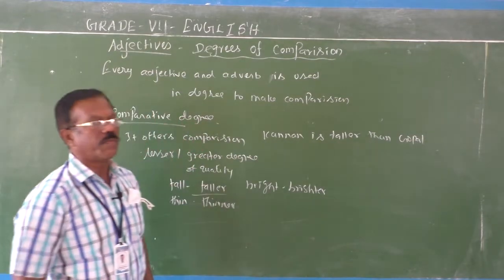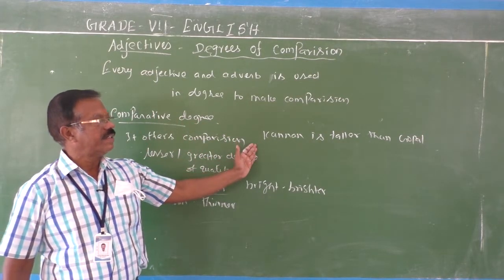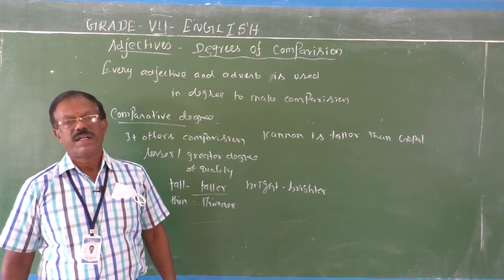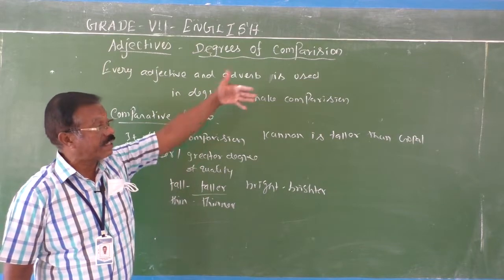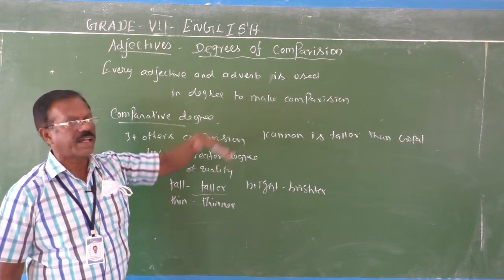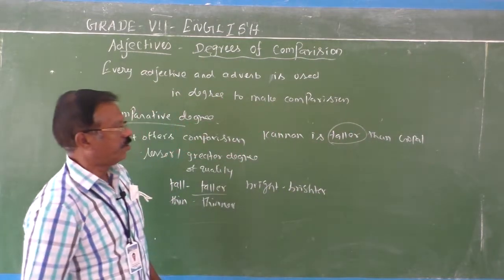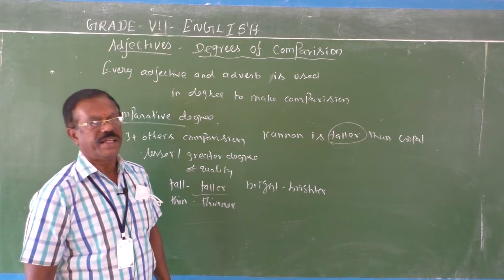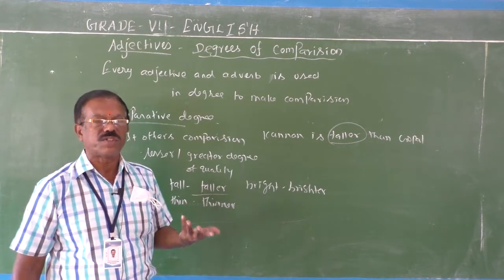Kannan is taller than Gopal. Here we compare the height of Kannan with the height of Gopal, and you are going to say the height of Kannan is higher than the height of Gopal. See, taller is a comparative form of adjective. It is in comparative degree. How do you get it? By adding er to the base form of adjective tall.